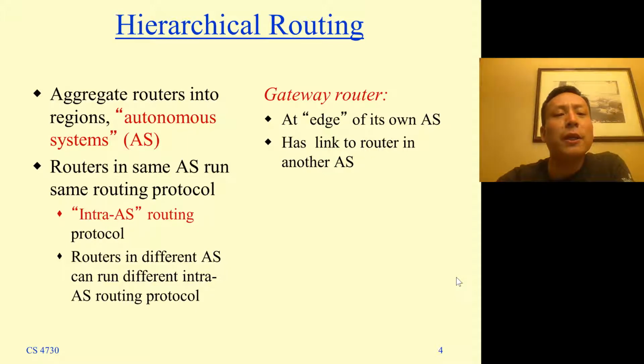However, we do need to interconnect these different autonomous systems, by using gateway routers. A gateway router sits at the edge of an autonomous system. For example, for AMSO's outgoing traffic, we have gateway routers.